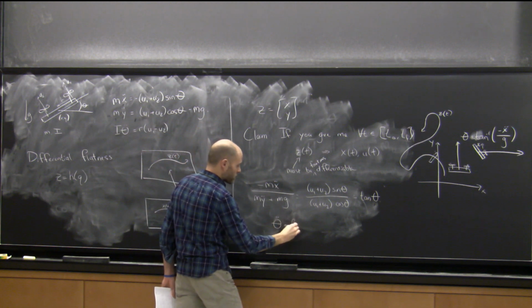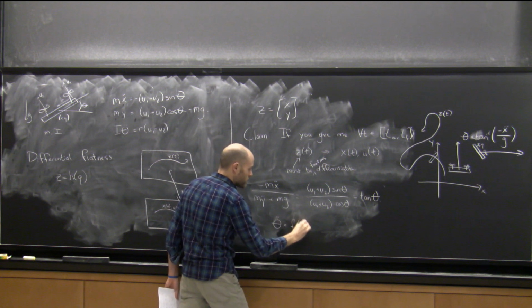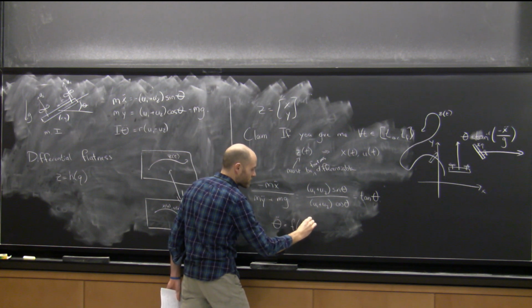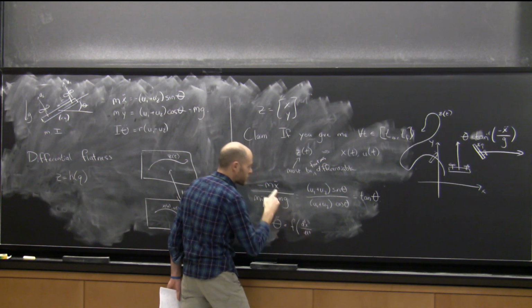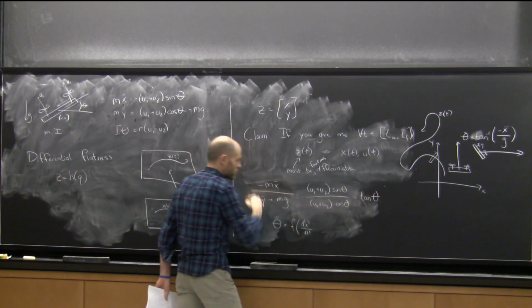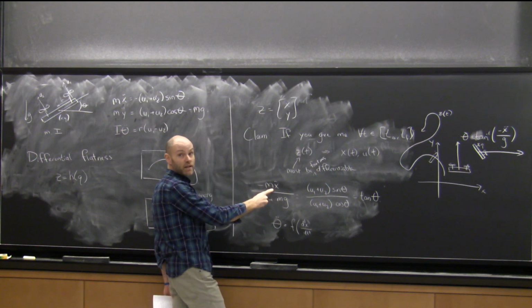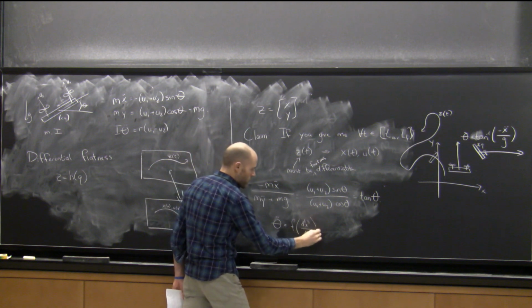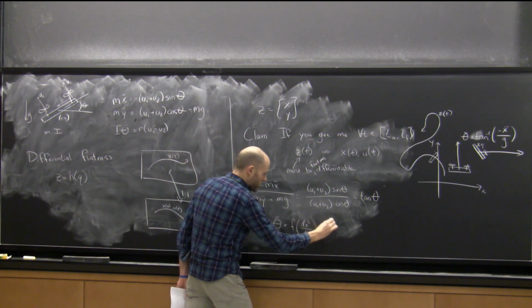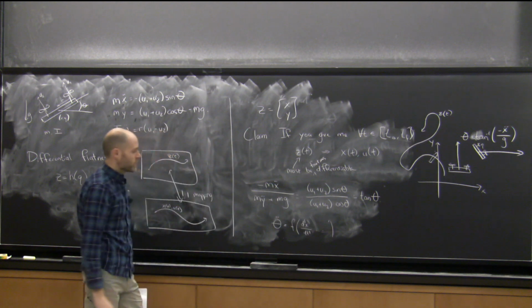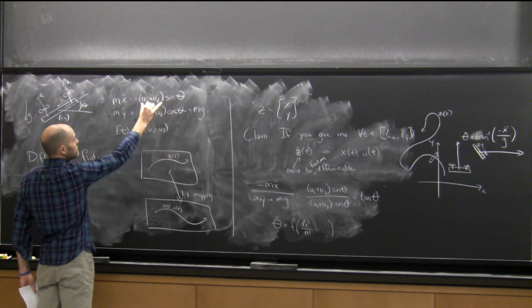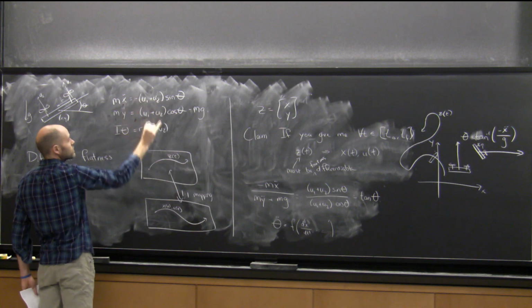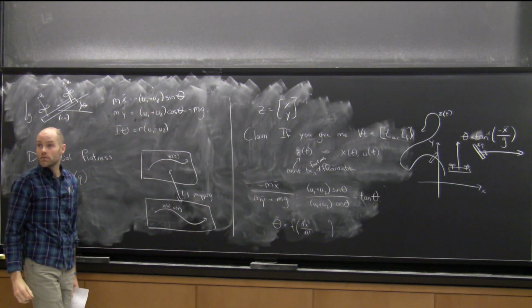It's going to be some function of all the way up to the fourth time derivative of x, because if I differentiate this thing twice with respect to time, I'm going to get up to x four dots, and y. But then once I have that, I have two equations and two unknowns sitting right here, and I can solve for what u1 and u2 have to be.